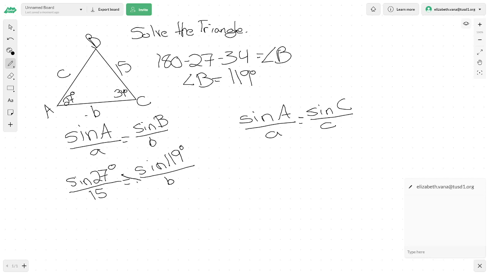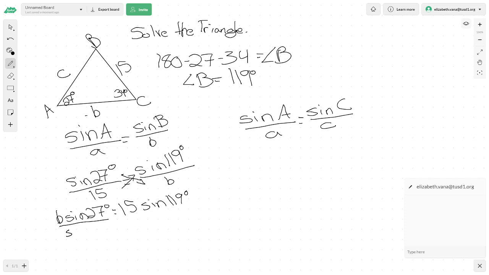Now we cross multiply and we get B sine 27 degrees equals 15 sine of 119 degrees.